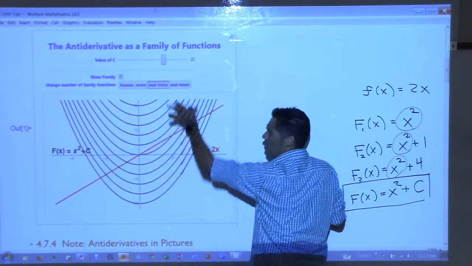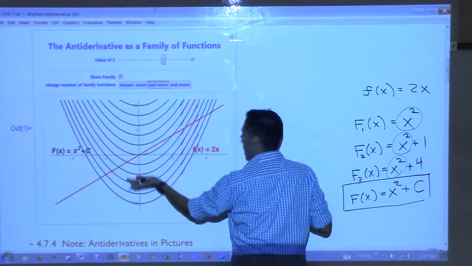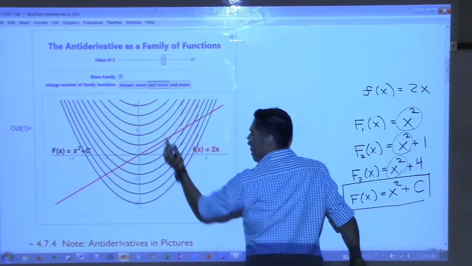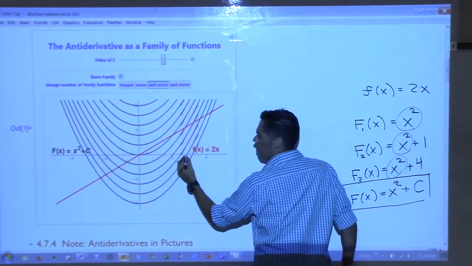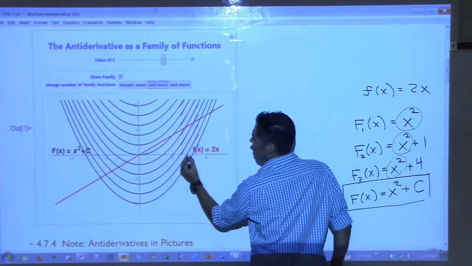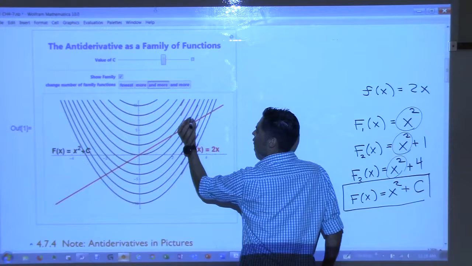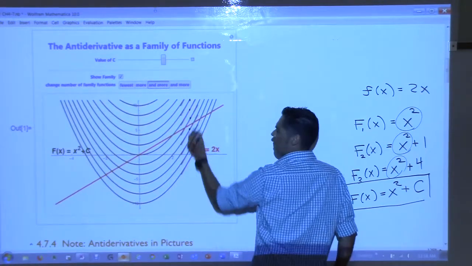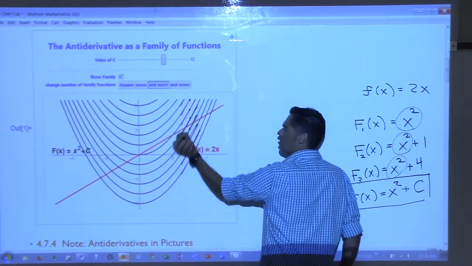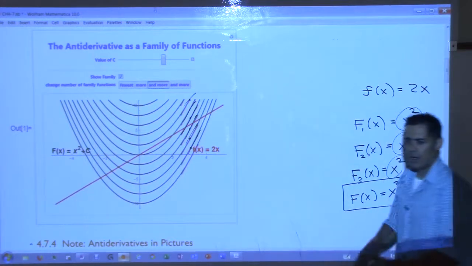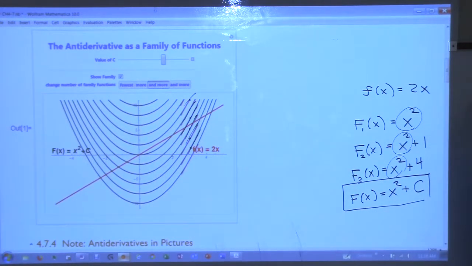If I go to any of these curves in this family, and I go to some x value and go straight up to any of them, do you see that the slope of the tangent line is the same for all of those? They all have the same slope, which is represented by the fact that they all have the same derivative.